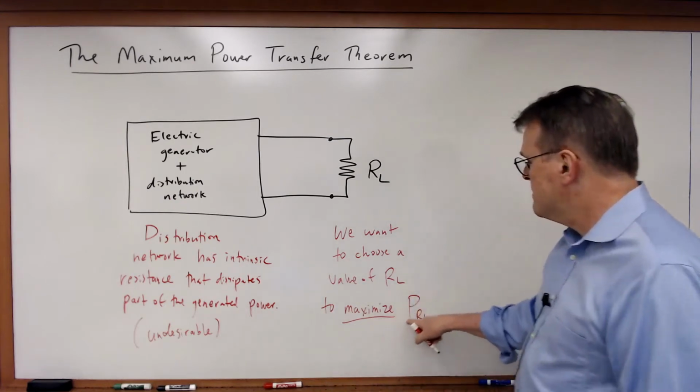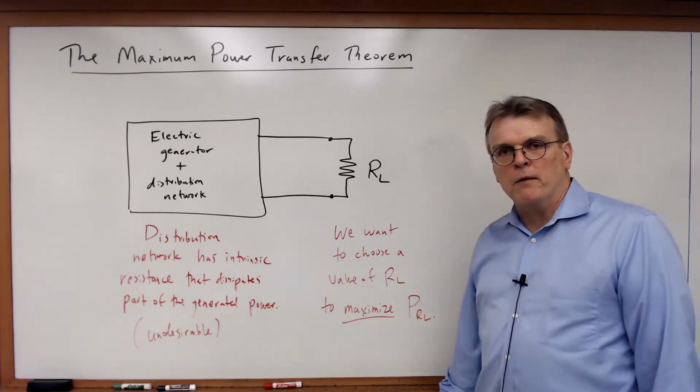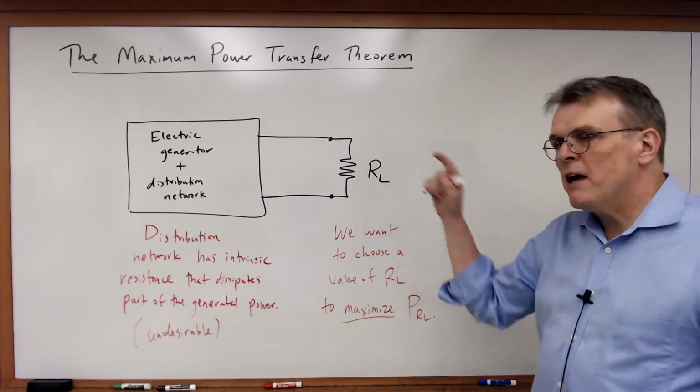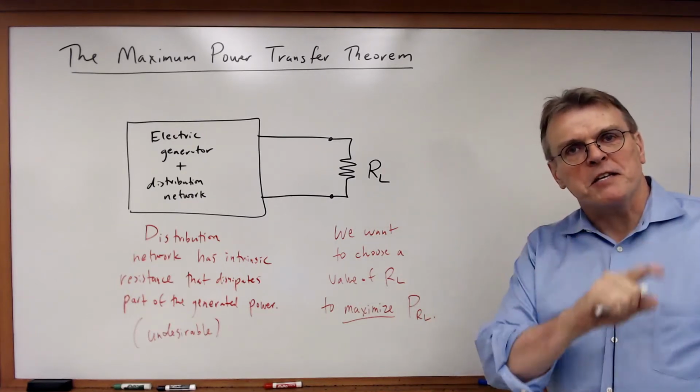So I want to maximize P sub RL, the power in the load. Here's the question: what value of R sub L does this?